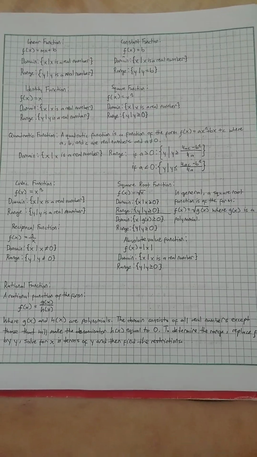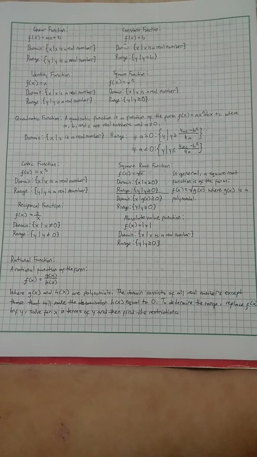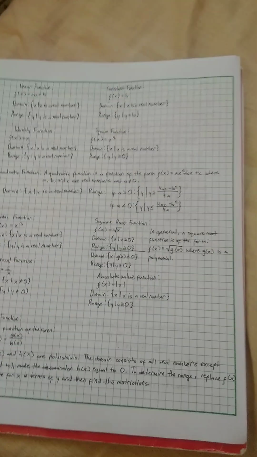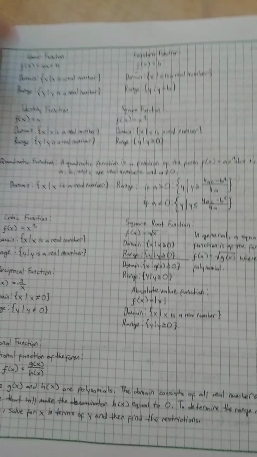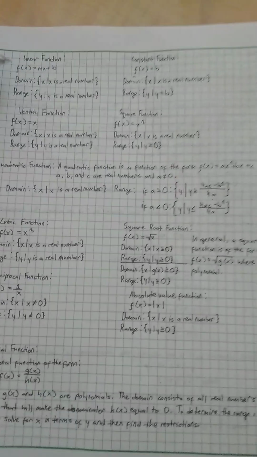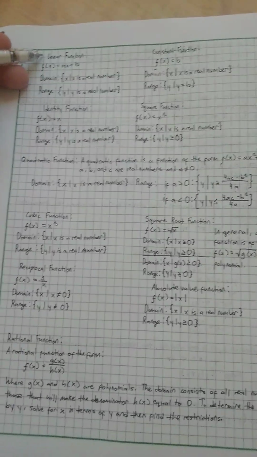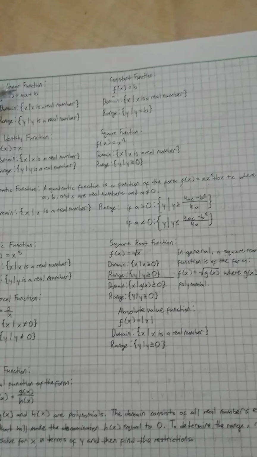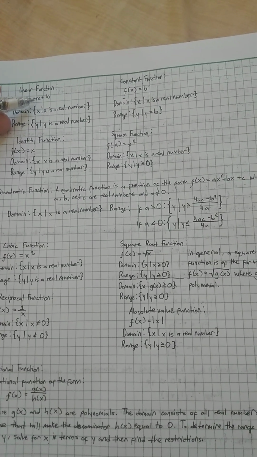Today we're going to be talking about the types of common functions that you will encounter in algebra. The first type of function is called a linear function. The function of x is equal to m times x plus b.